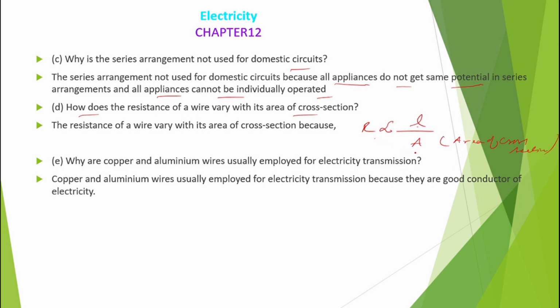So if the area is increased, resistance will be reduced. So I think you understood. Next question, last question: why are copper and aluminum wires usually employed in electricity transmission? Because they are good conductors of electricity.